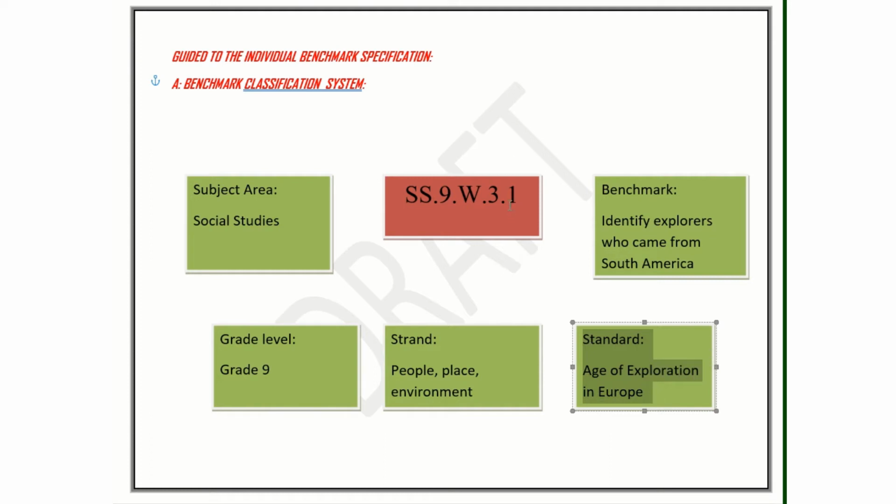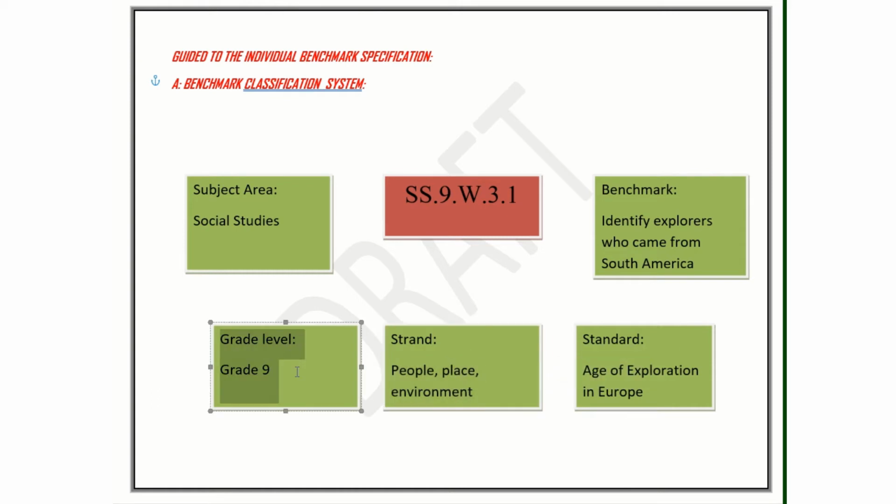So we can say that 3.1 is covering the age of exploration in Europe, or the main topic. The subtopic is the strand: people, place, and environment. So for the age of exploration in Europe, what we will be discussing is people, place, and environment. For which grade?